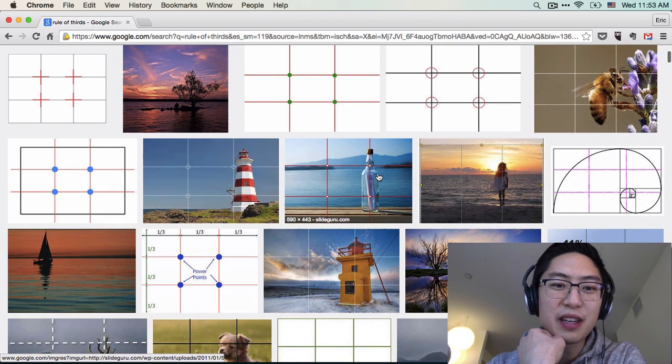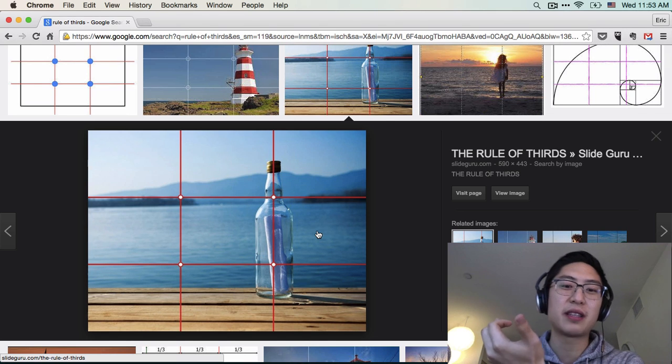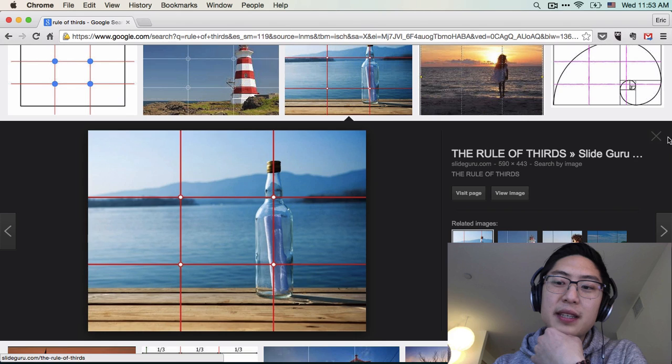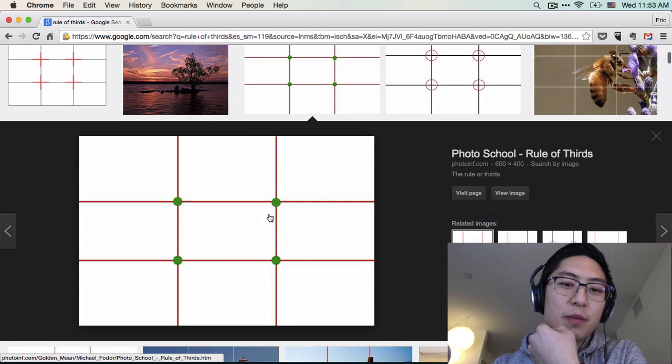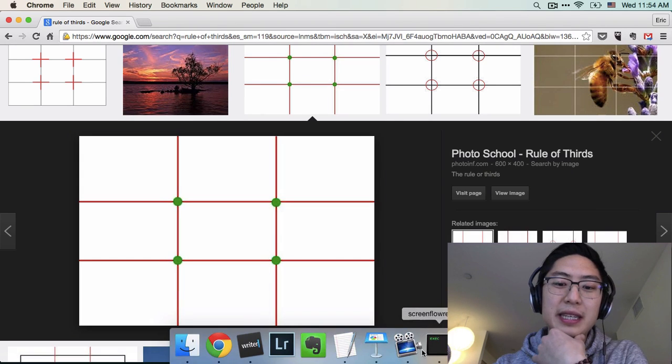Like, if you took a photo of a nice little water bottle, they say that if you want good balance in the photo, it makes it more interesting to frame it this way. The downside of the rule of thirds is that it focuses mostly on horizontal and vertical lines, which means the images aren't as dynamic. But by adding more diagonal lines, you can make the photos much more edgy and interesting.